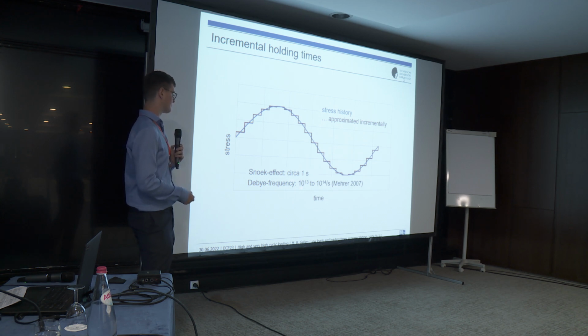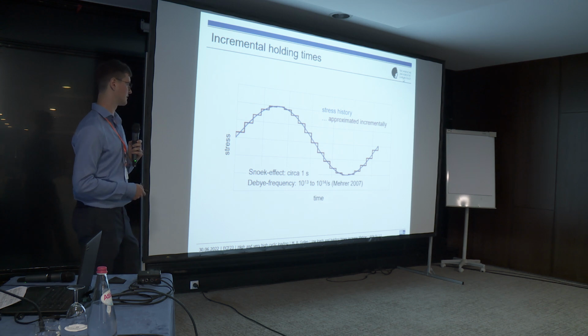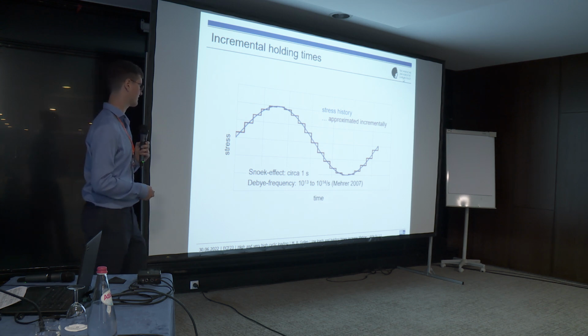And since the Debye frequency, which is the frequency at which the atoms attempt to jump, is much higher than the increments we need to get a good approximation, we can assume that we get a constant diffusion during those increments. However, we have ordering of the carbon atoms within the crystal due to, for example, the Snoek effect.